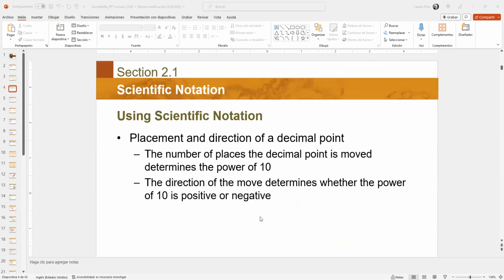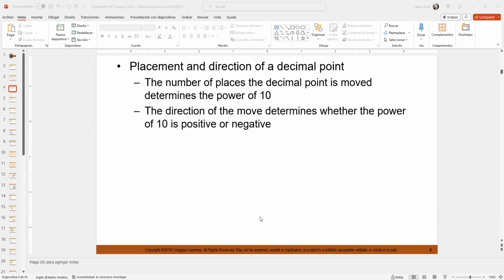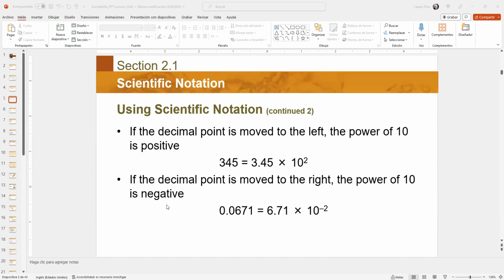But in the case that the number is too small, like in this case, for example, you have here 0.0671, then you move the dot 2 spaces, and now you have the 6, a whole number, the dot, 6.71 times 10, and how many spaces you move the dot? 1, 2, then it is 2.